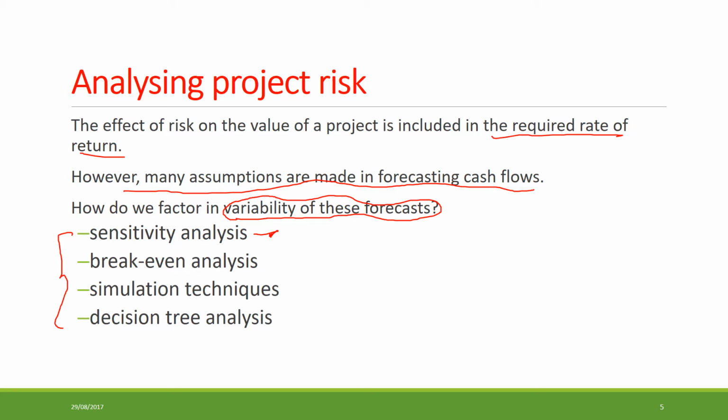So if we have a few certain decisions in the future, and if we can work out the probabilities of each of the decisions, then we can work out an expected or a probability weighted NPV for the whole project. Right. So the methods are different, but the idea is the same. So we want to see how the accuracy of the cash flows affect our estimate of the NPV.